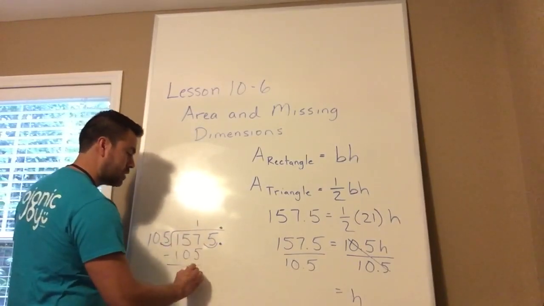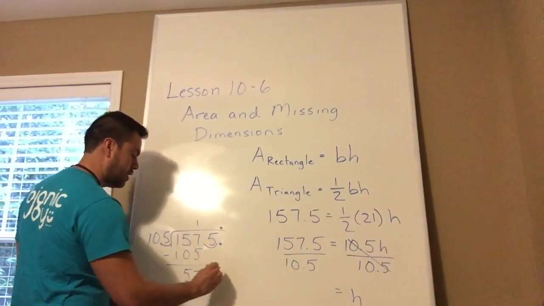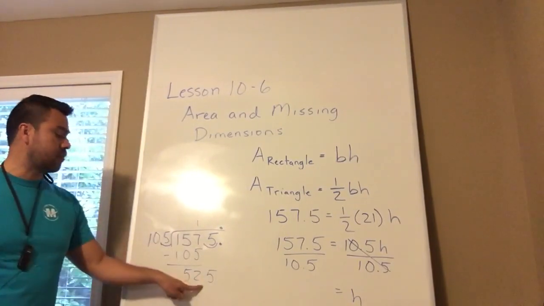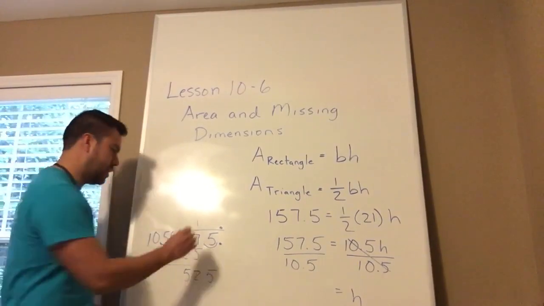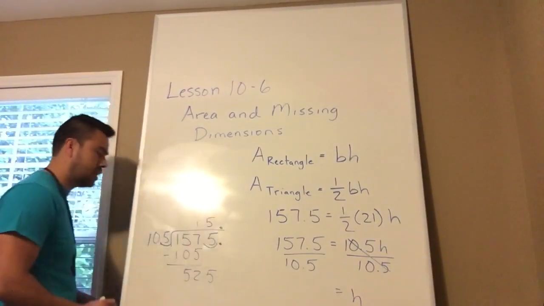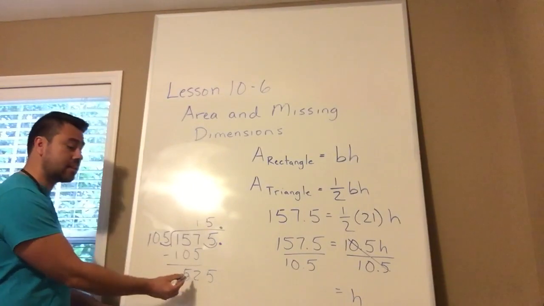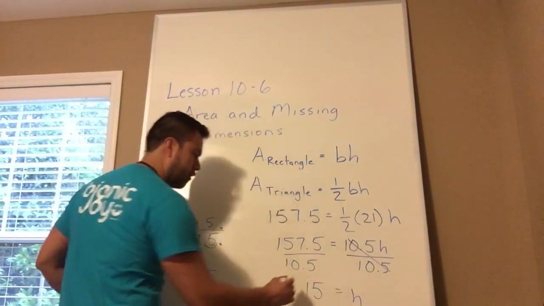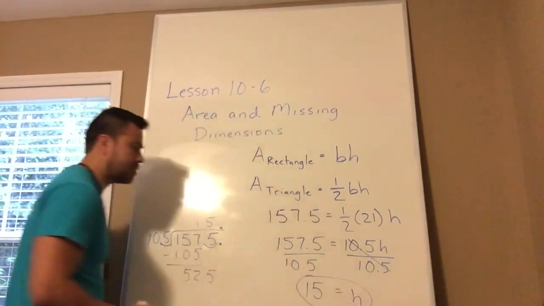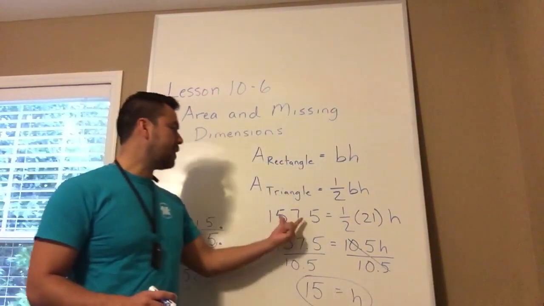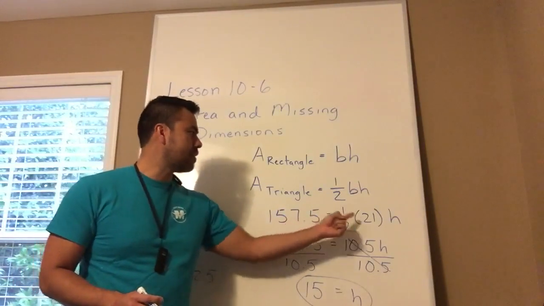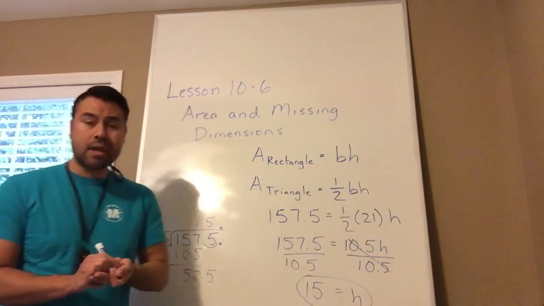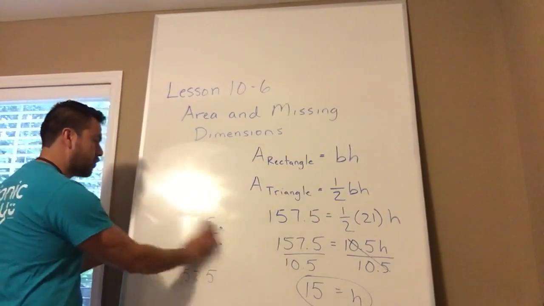Then I'll subtract to get 52, bring down the 5. Here, 105 goes into 525 thankfully exactly 5 times. 5 times 105 is 525. So I get 15 for the height. The height of that triangle is 15. If the area is 157.5 and the base is 21, then the height has to be 15. That's my answer for that problem.